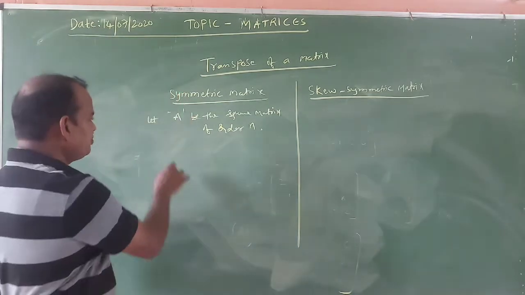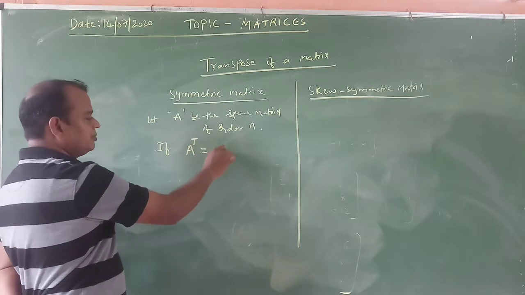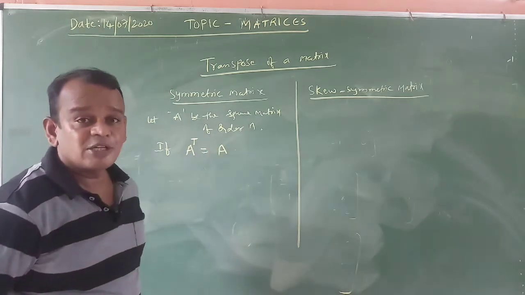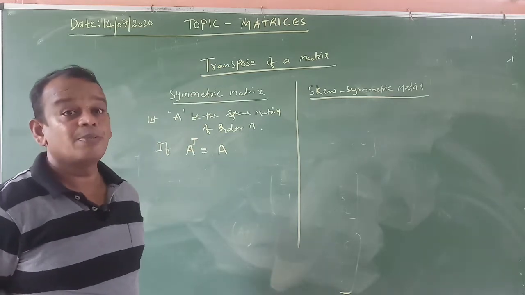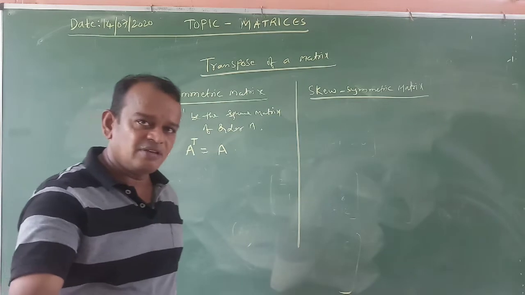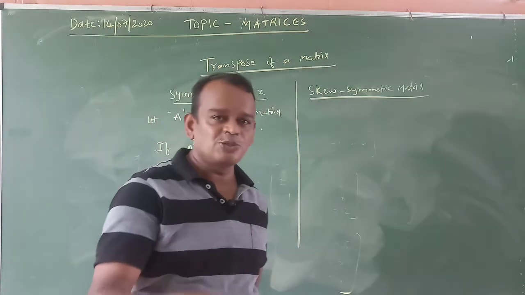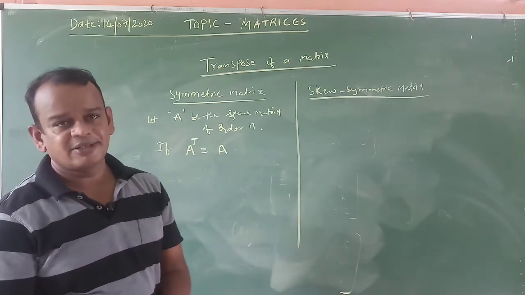What happens if A transpose is equal to A? If A transpose is equal to A, then the square matrix A is called the symmetric matrix. The matrix A is given, we take the transpose, no change at all. That is called a symmetric matrix.